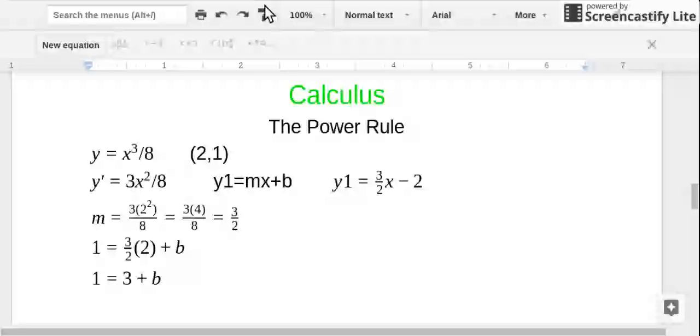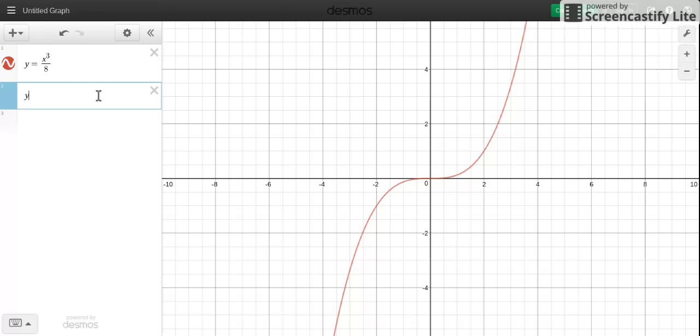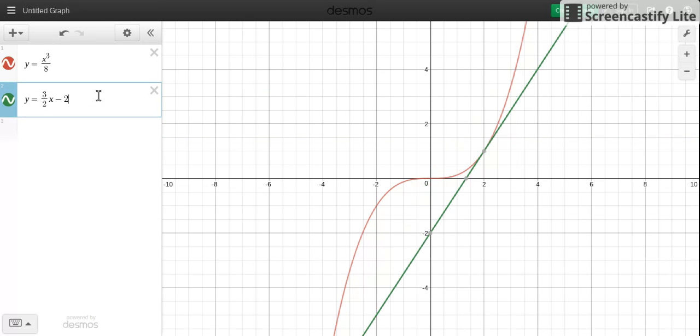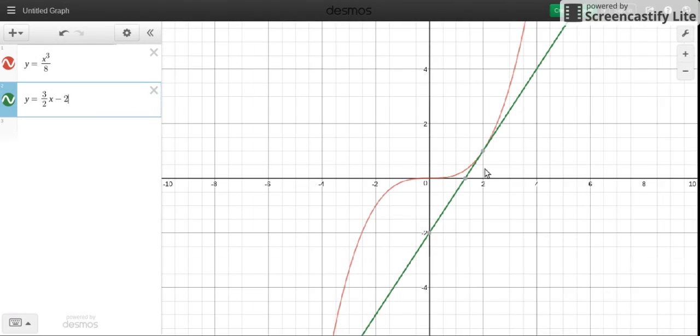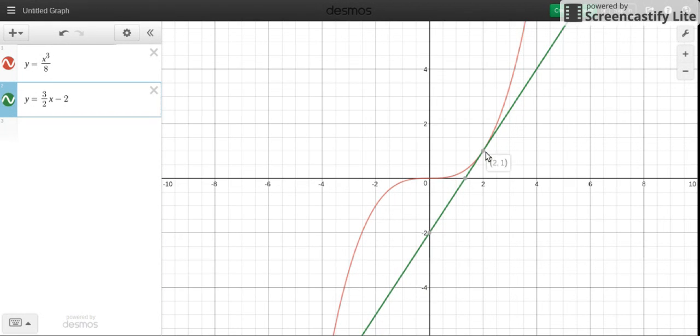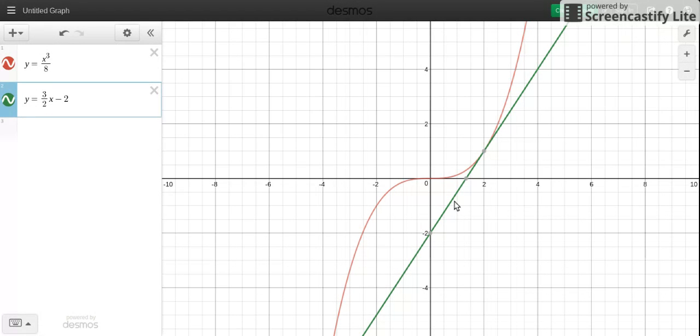Let's go up here and graph this real quick. All right, so as you can see, that nicely graphs. The graph of that is green here, you can see that is our tangent line at the point (2, 1).